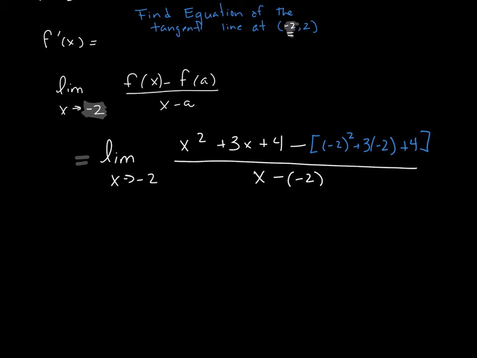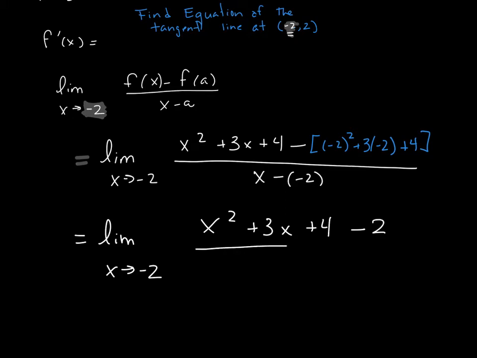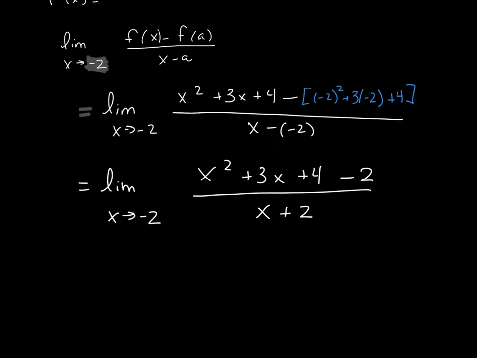Now let's go ahead and simplify this, and that leaves us the limit as x approaches -2 of x squared plus 3x plus 4 minus 2, all divided by x plus 2.